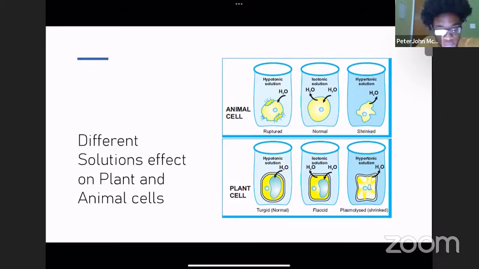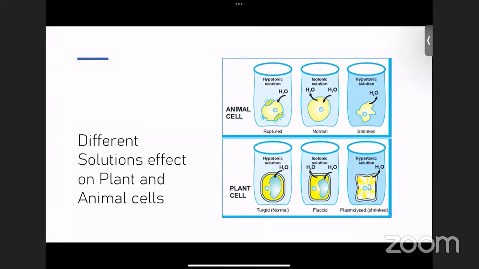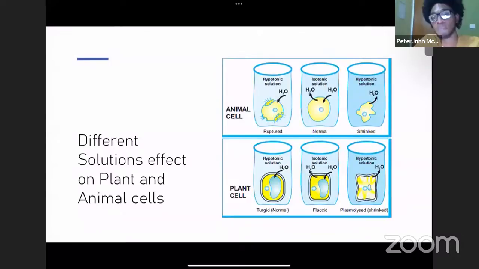Next, isotonic. Because both concentrations are similar, there's no net movement, no net exchange of water molecules. I like that. Hypertonic.